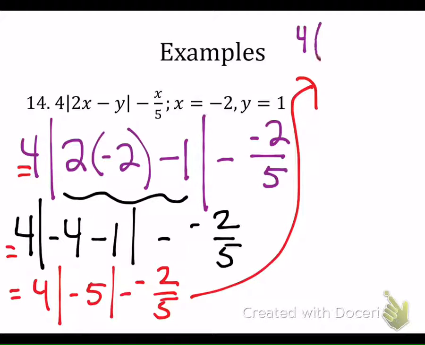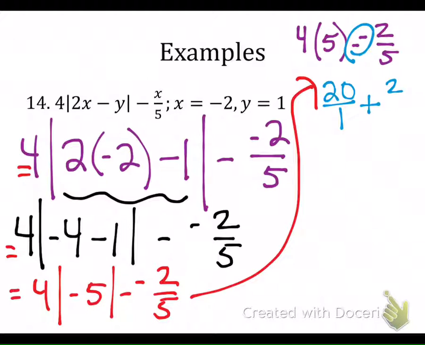So this is 4 times 5 minus negative 2/5. And you get 20. Put it over 1. I am going to clean up this sign as well because it's sort of driving me nuts to write a minus negative each time. What could I do? Plus. Write a plus, yeah. Plus a positive.